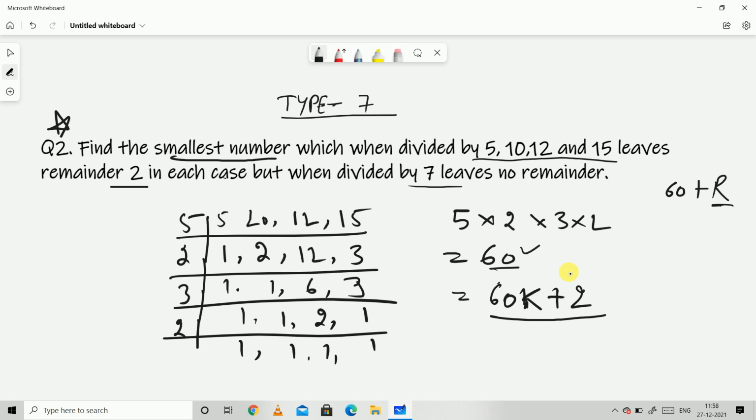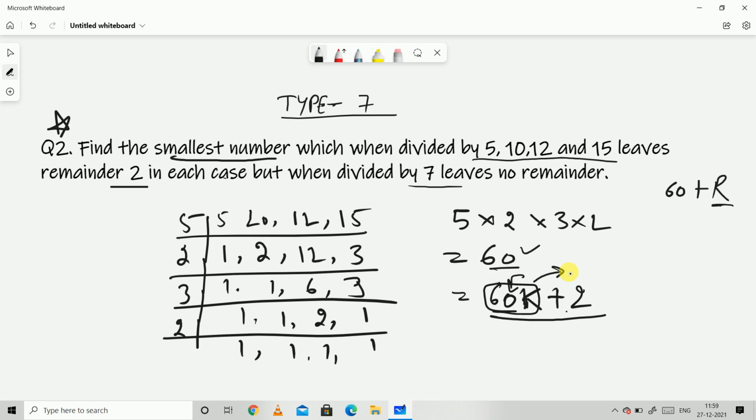Why 60k plus 2? Because k is a variable. It can have any value. It can have 1, 2, 3, 4, any value. And when you multiply it by 60, this 60k will be a multiple of 60 only, because the k is getting multiplied to 60. So 60k is always a multiple of 60, right? So this part will always be divisible by 5, 10, 12 and 15.